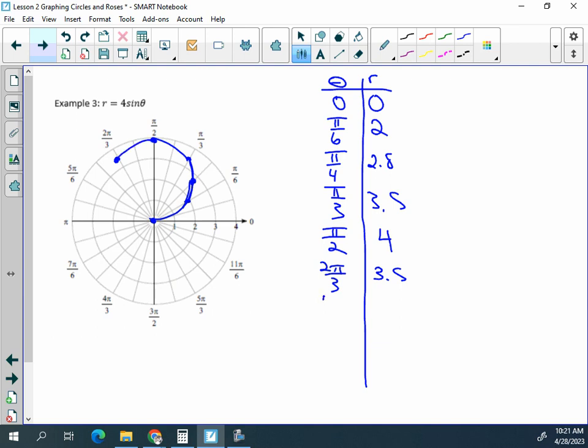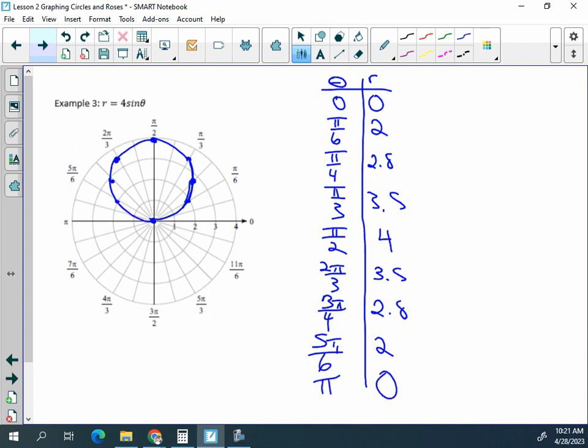Then at 3 pi over 4, sine of that is square root of 2 over 2 times 4. That's about 2.8. Then at 5 pi over 6, sine is 1/2 times 4 is 2. And then at pi, sine is 0. 0 times 4 is 0. So we're back to the beginning.